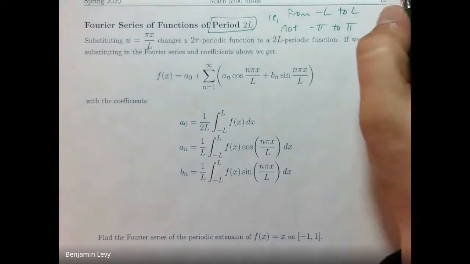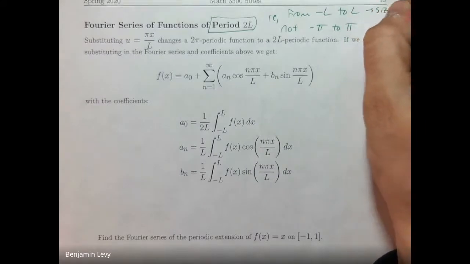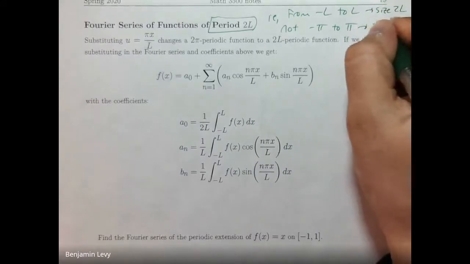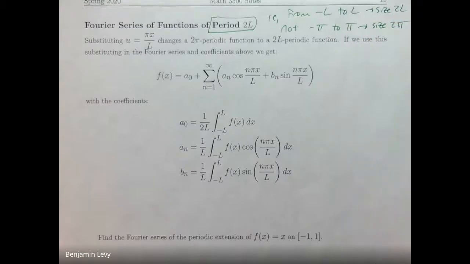This has size 2L, where the other has size 2 pi. So we're incrementally expanding to work with more functions. In the video I'll show you that you can extend this even further to non-periodic functions, which is really where the applications come in. But let's look at this first, and then we'll take a look at a video.